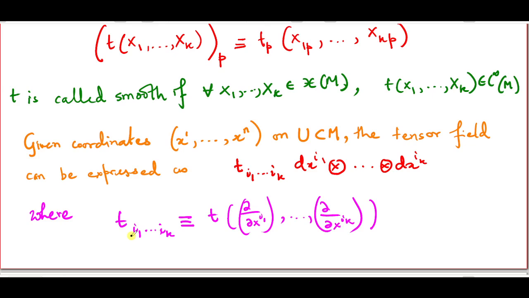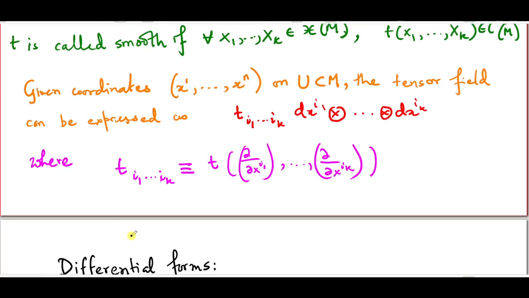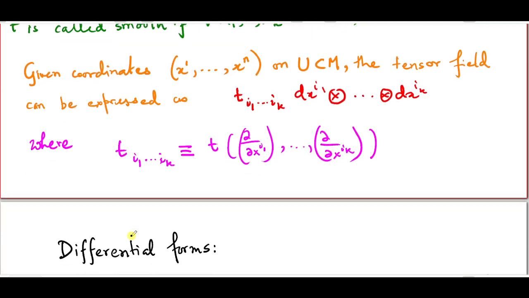Now, today's lecture will be on 0k tensor fields, but on a rather special kind of 0k tensor fields. These are called differential forms. Now, you may wonder that if the differential forms are actually 0k tensor fields, then why are we bothering to study them separately?